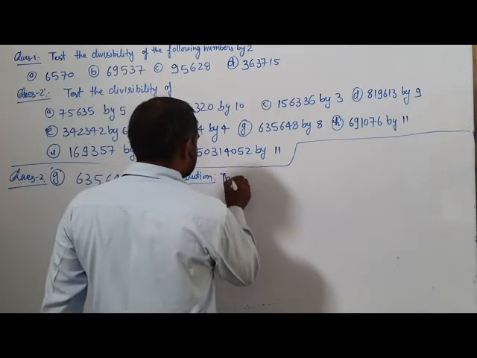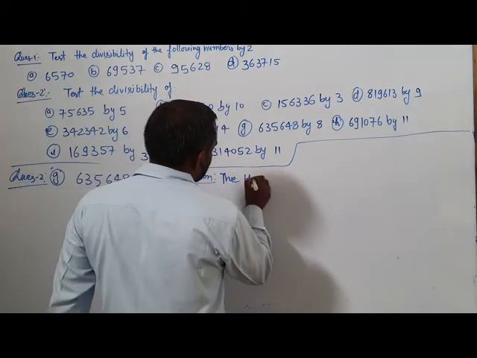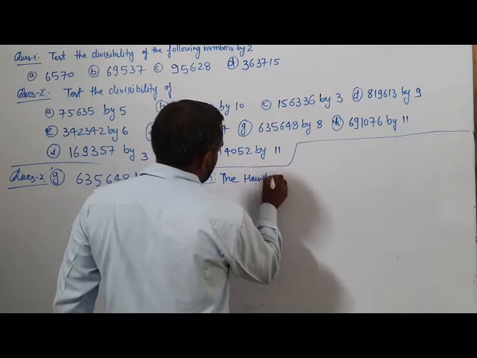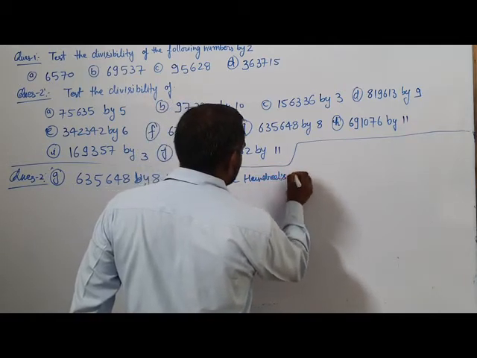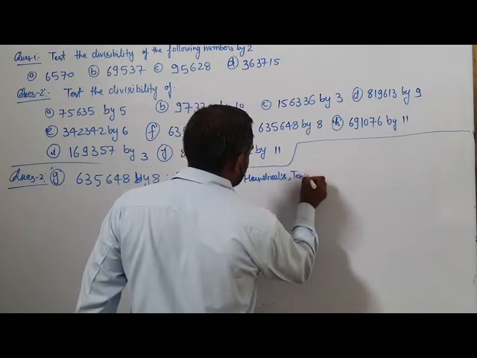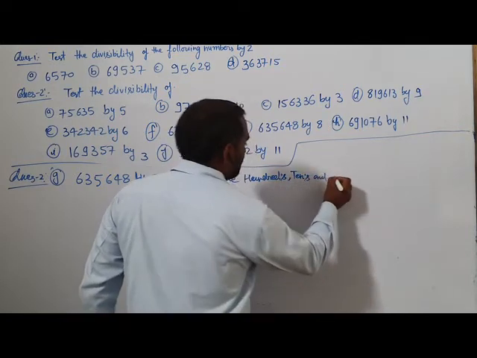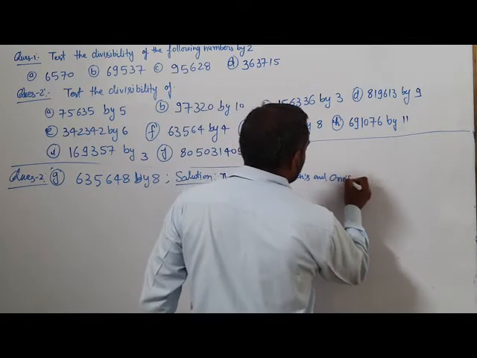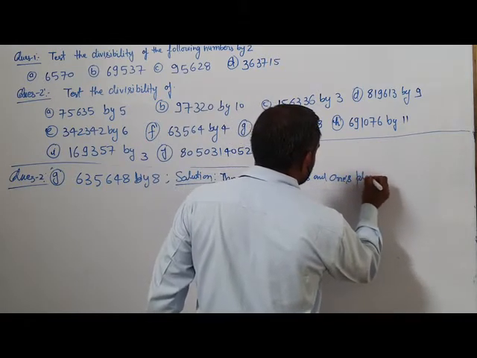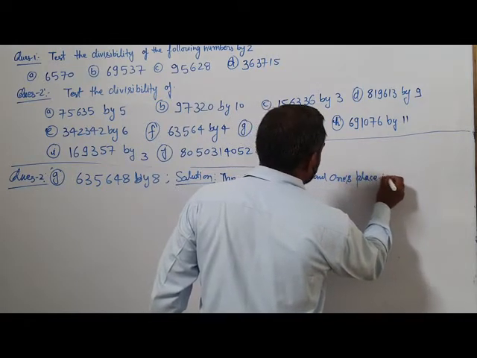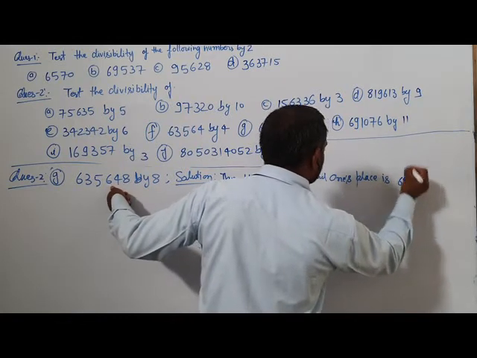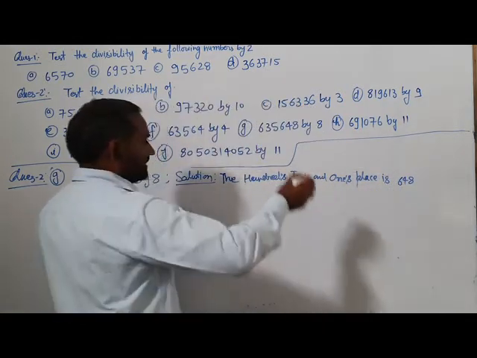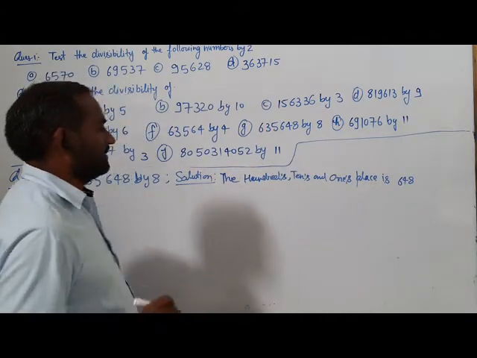The hundreds, tens and ones place is 648.